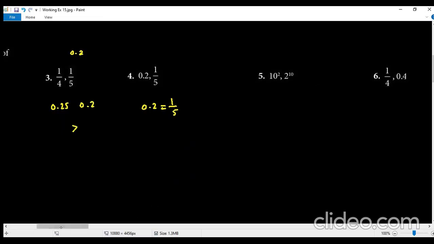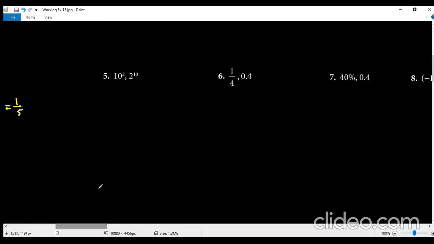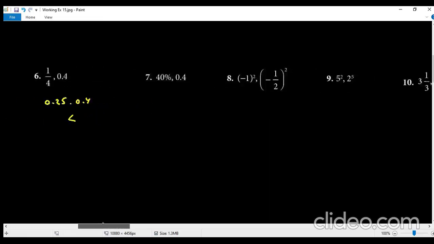When it comes to question number 5, 10 squared means 100, and 2 to the power 10 is going to be 1024. So that means in question number 5 you will write less than. 1 over 4 is 0.25 and 0.4. So in between these two you are going to use less than, because 0.25 is smaller than 0.4.